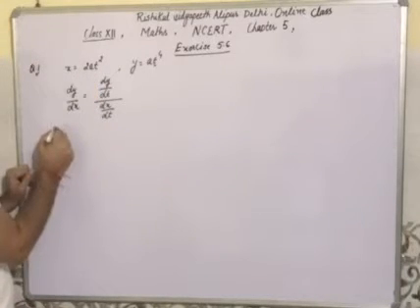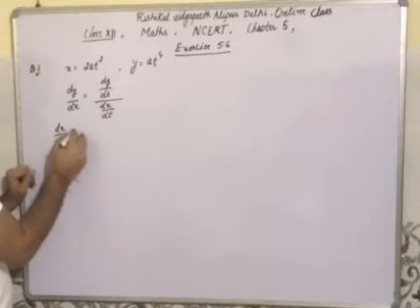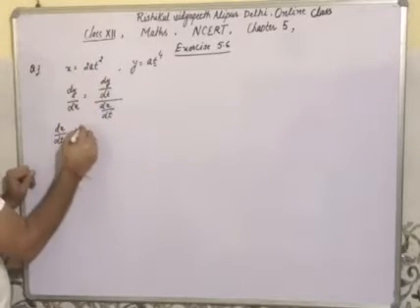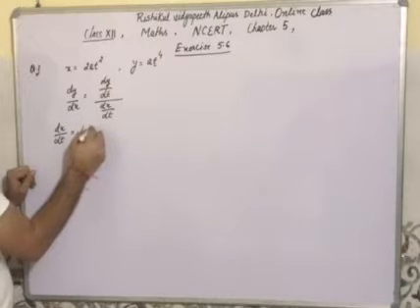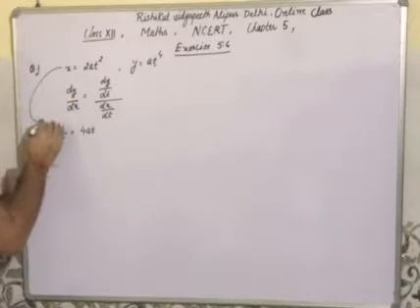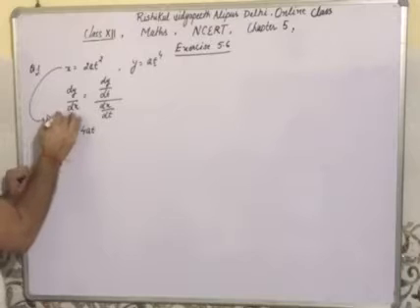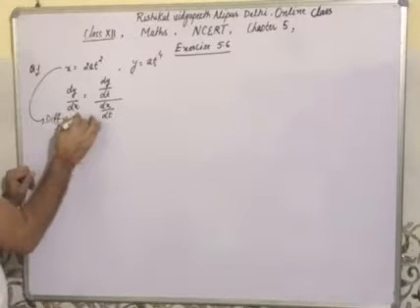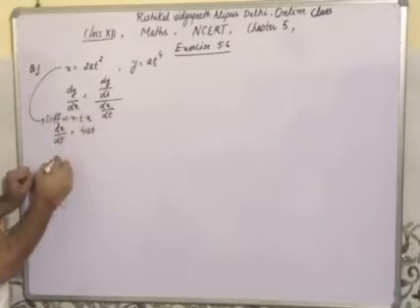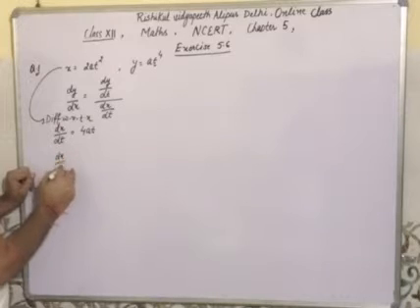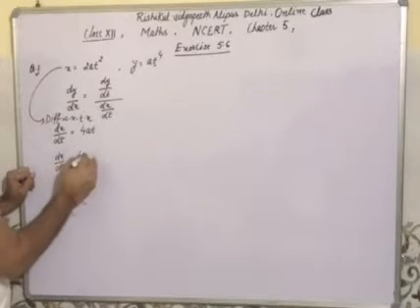First, dx upon dt: differentiating 2at squared with respect to t, dx upon dt is equal to 4at.